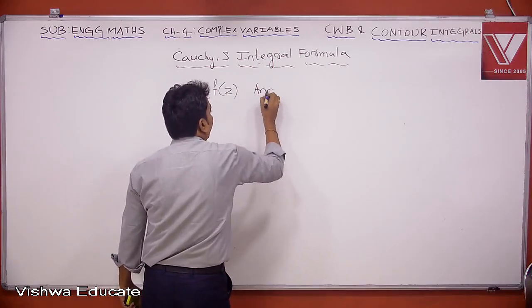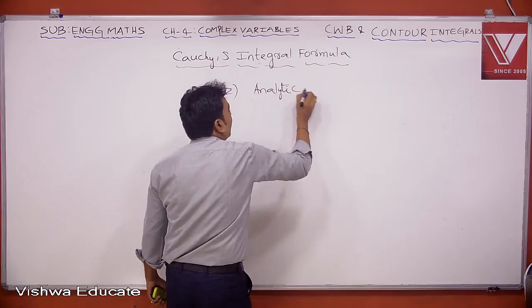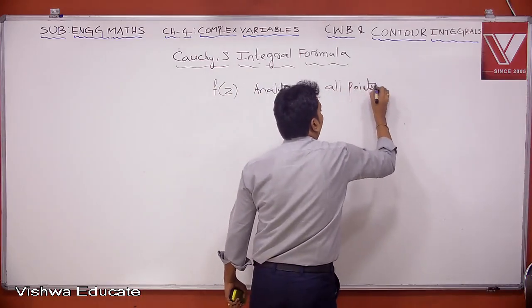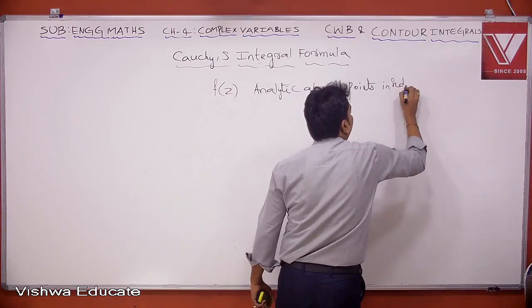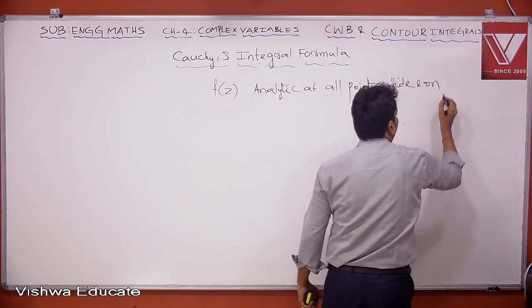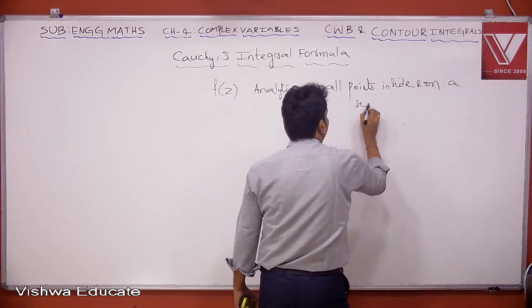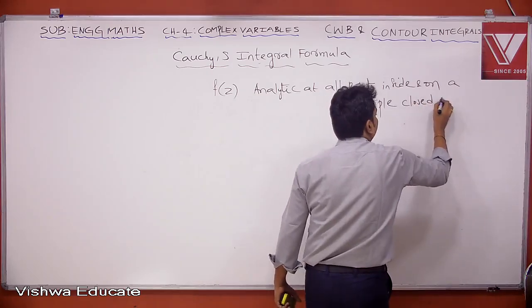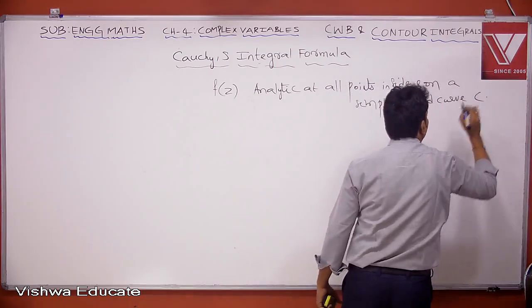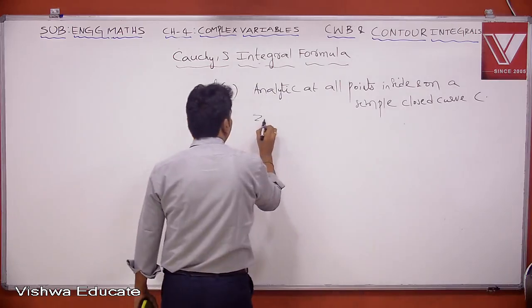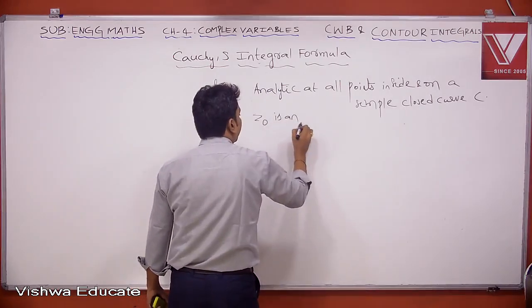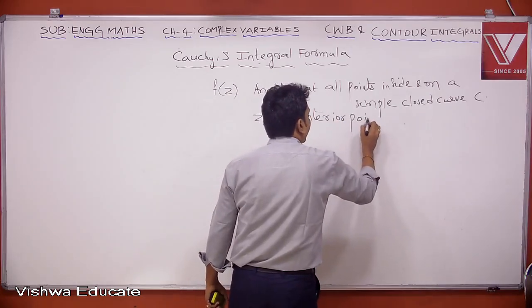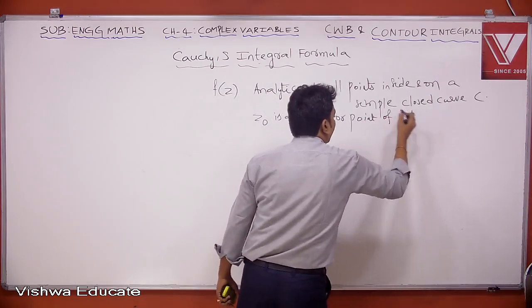Assume that this is analytic at all points inside and on a simple closed curve C. Suppose z0 is an interior point of the closed curve C.